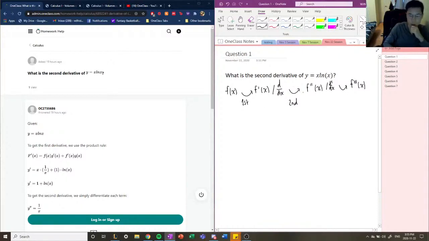Another useful rule here is that our original function is a product of 2 functions, x and ln of x. So we're going to use the product rule here.